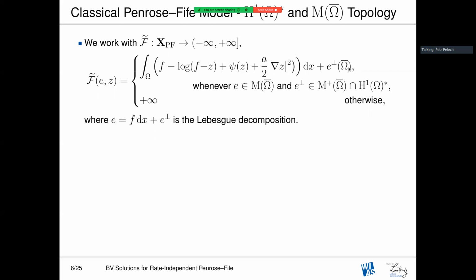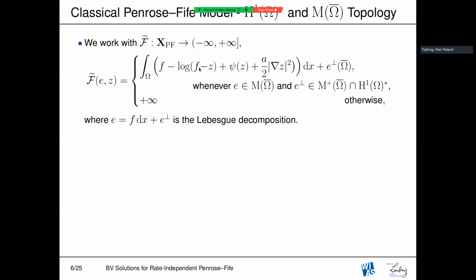This is just the total mass. This comes from the total energy. So this E perpendicular and this F come together, but the functional is plus infinity otherwise, which means in particular that the singular part is not in the non-negative measures.